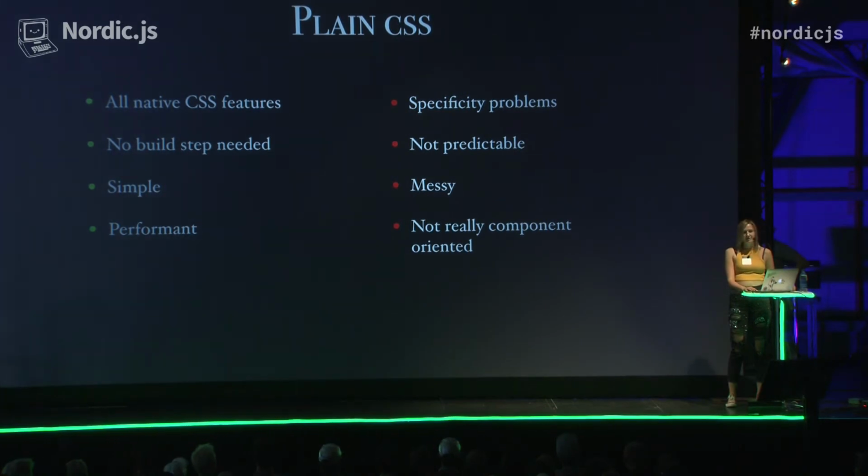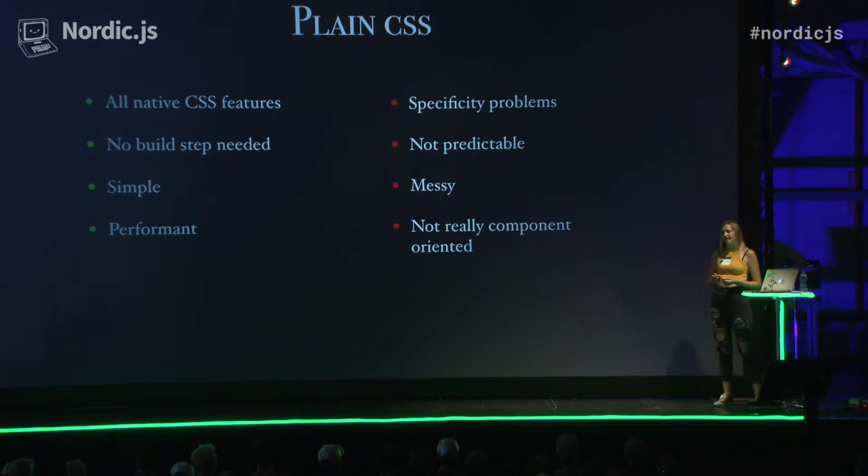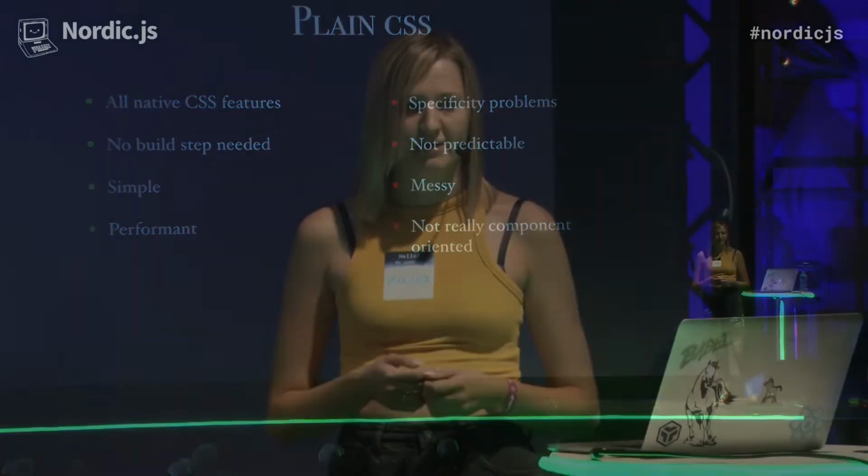it's not very predictable when it comes to specificity, especially because we can actually use every selector we want and nest our selectors as much as we want. So it can get messy pretty quickly. And when it comes to React, I would say that it's not very React way of doing things. It's not very component-oriented.